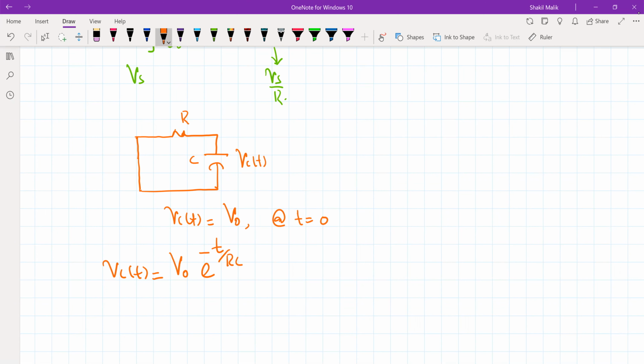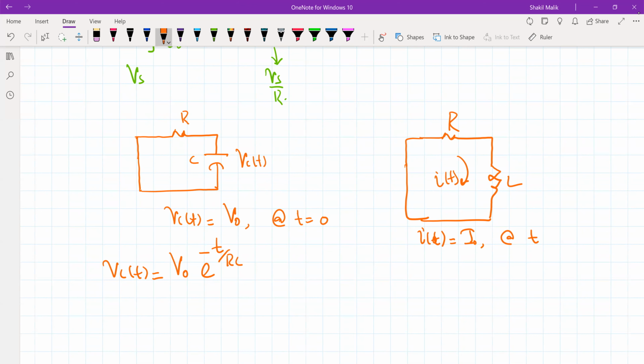Same way for an RL network. If this is an RL network, and if we say this is I of t, and we say the inductor is having some initial value of the current, that is I naught.